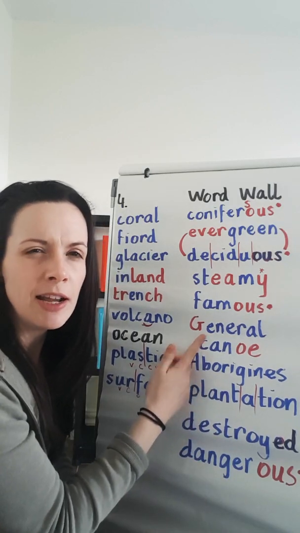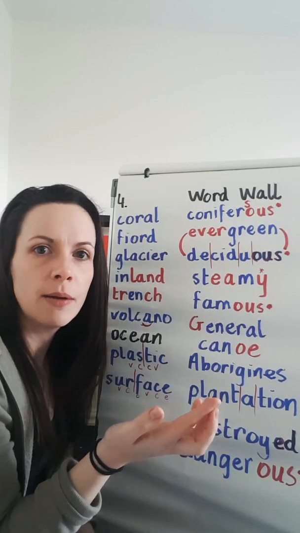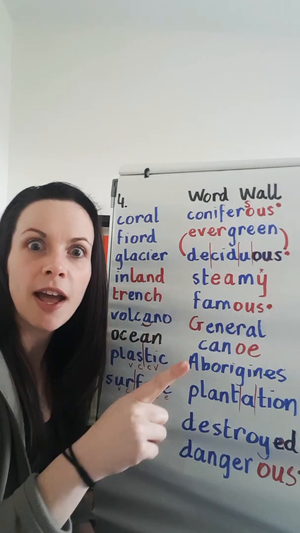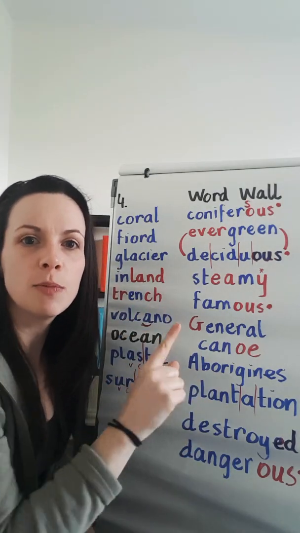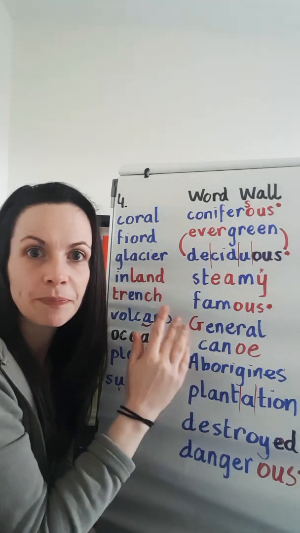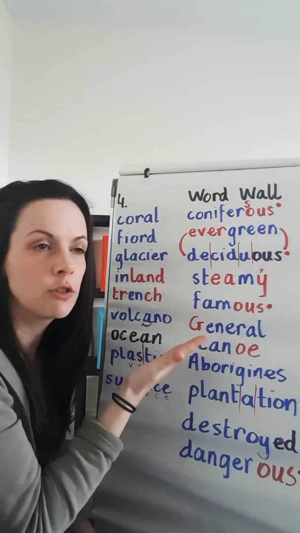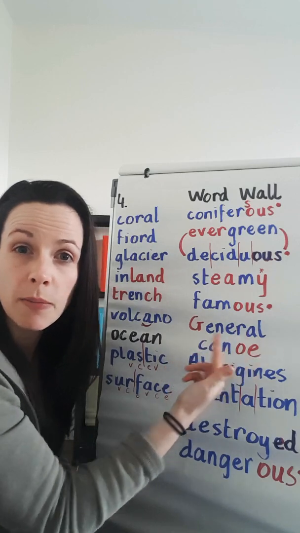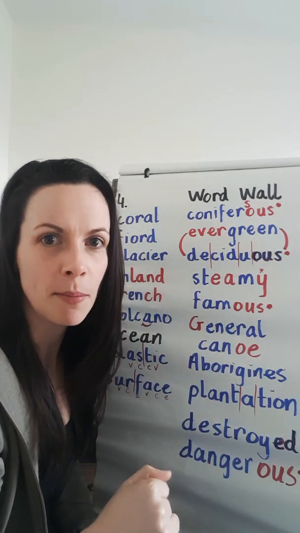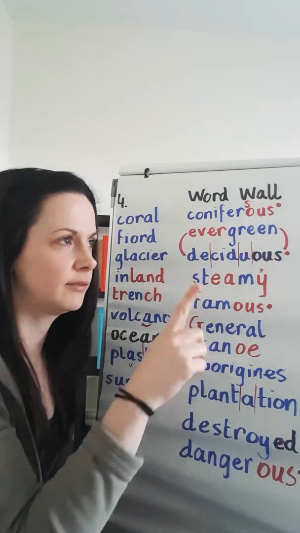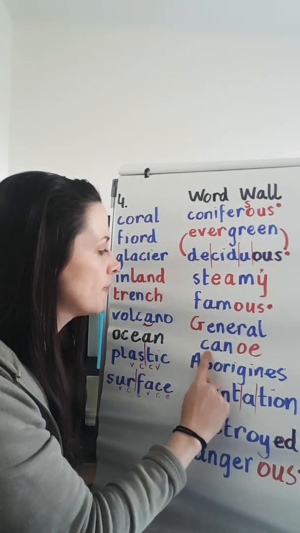But if it's a capital letter, it must be a proper noun. Oh, you're learning those in Starlight. It's a proper noun, so it must be an actual name or an actual place. So I'm guessing, going by this, that it's a general, as in an army general. General somebody. Okay. Right. Next word, canoe.